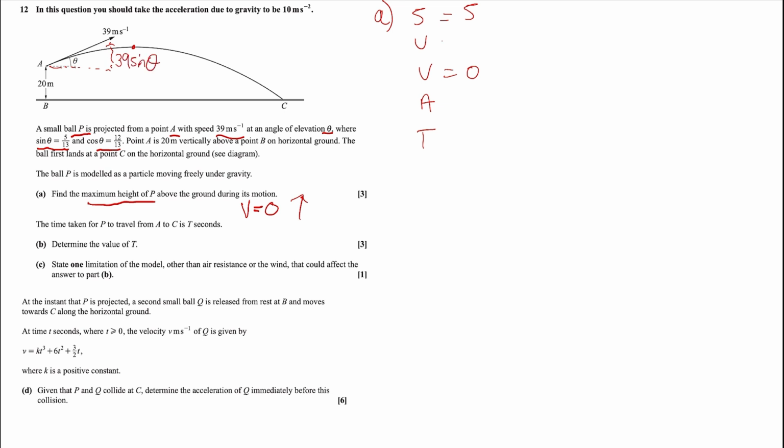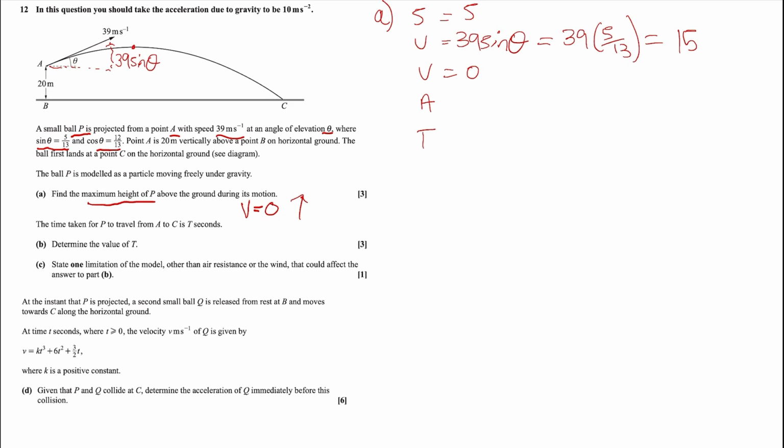Okay, so the initial is 39 sine theta. And we know what sine theta is. It's 5 over 13. Okay, and 39 times 5 over 13 is just 15. Because the 39 divided by the 13 gives us 3. And 3 fives are 15.